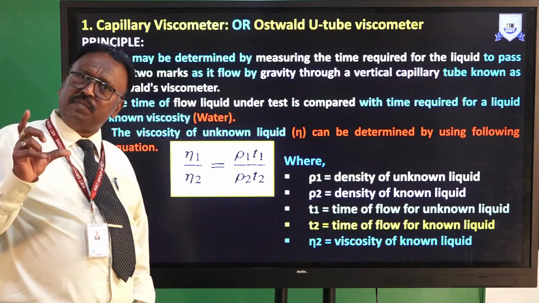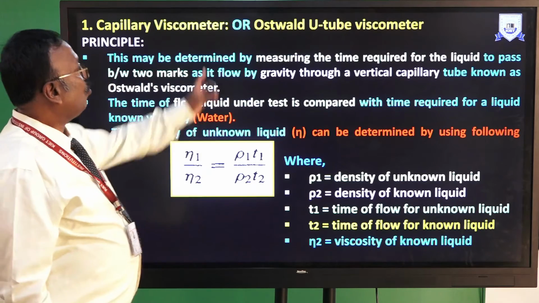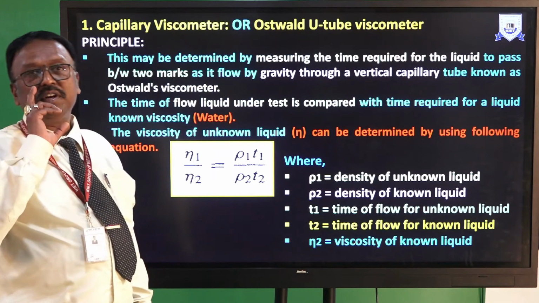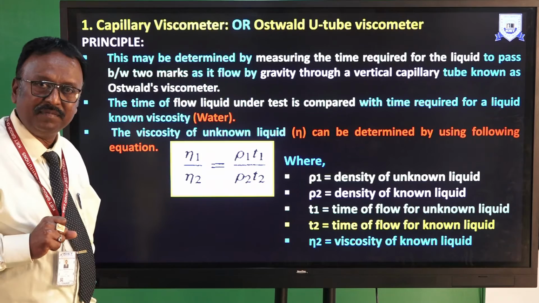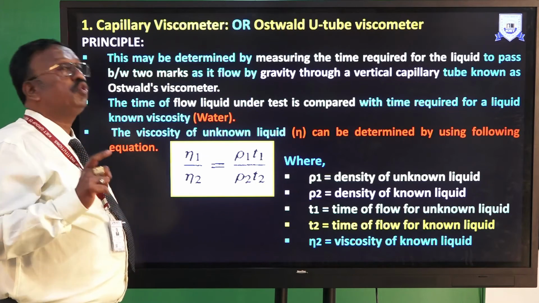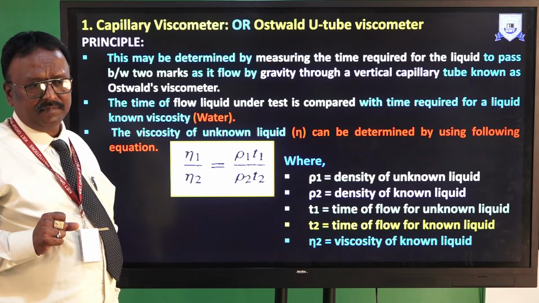The capillary viscometer is also called Ostwald viscometer or Ostwald U-tube viscometer. What is the principle behind that?